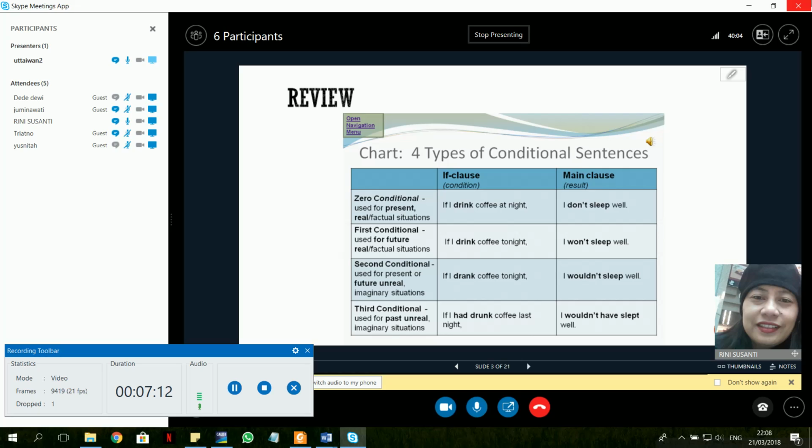If I drank coffee tonight, I wouldn't sleep well. Or the third conditional, this is in the past unreal, or in other words, impossible to happen. So when we want to express something that is impossible for us to reach, we can use the third conditional. So I will show you another example that makes this clearer.